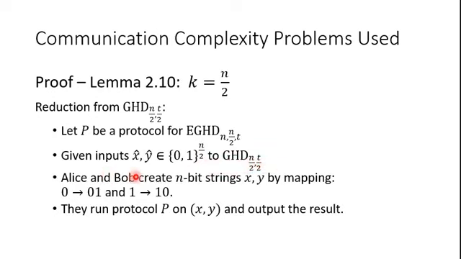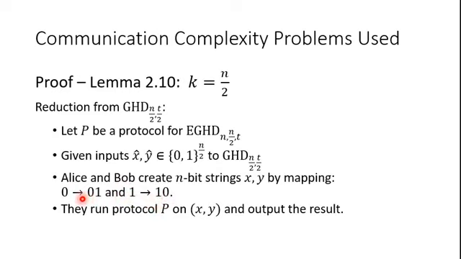What Alice and Bob will do, they will create n-bit strings. Okay, they'll inflate it to be n length. N-bit strings x and y, Alice is x and Bob is y, by simply mapping any zeros to be 0 and 1, and any ones to be 1 and 0.